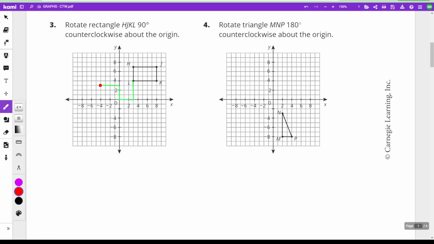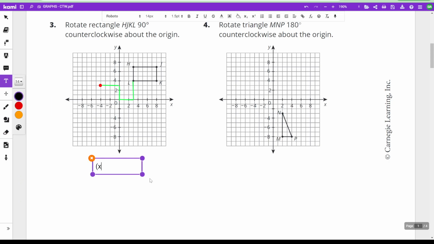Right, so let's go ahead and write this information over here so we can see it more readily. x, y are going to become negative y, x.